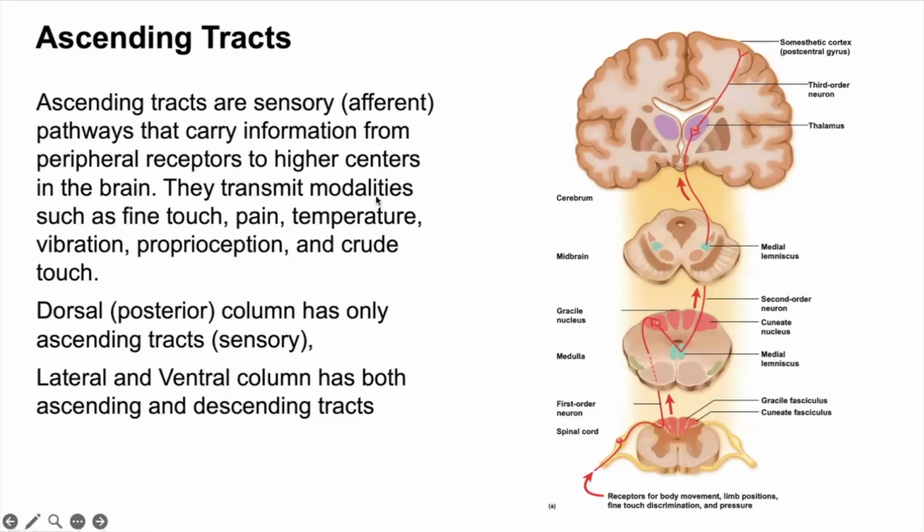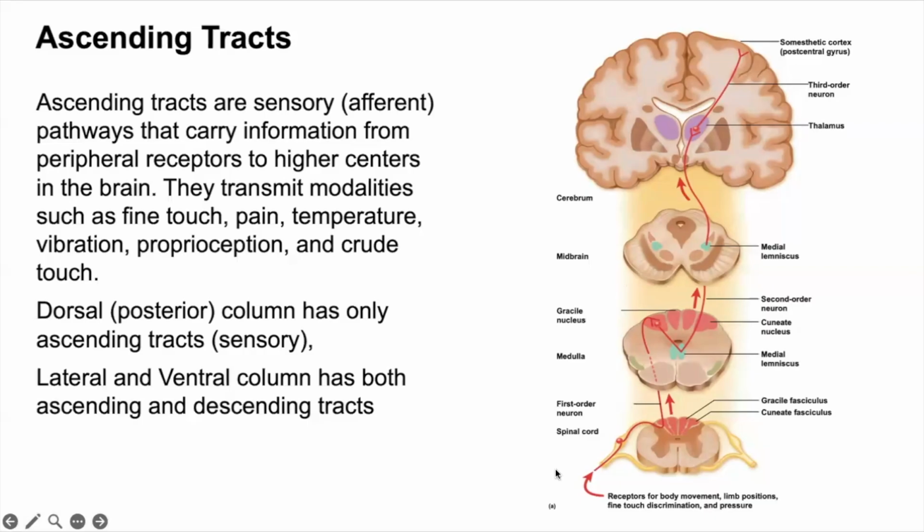They transmit modalities, especially pain, temperature, touch, vibration, and proprioception, which is how you position, like you're standing, the current position that you are in the environment, and these are all part of the ascending tract.